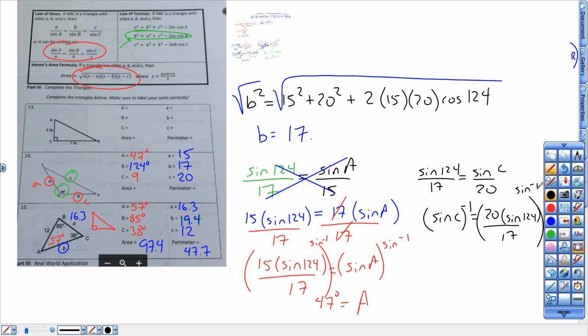Let's try this one. Yeah, this is giving me C is 77. I'm not sure what I'm doing wrong right there because they should equal 180.